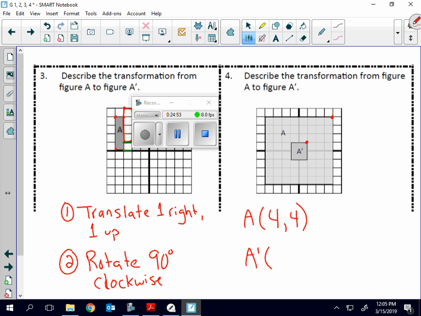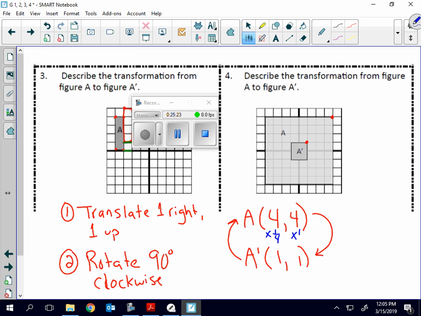So A is at 4, 4, and A prime, that same spot, is at 1, 1. Again, we have to multiply by something to get from this one to that one. Well, if I have to multiply by 4 to go this way, I'm really dividing by 4, right? But dividing by 4, we should know by now, means to multiply by 1/4.